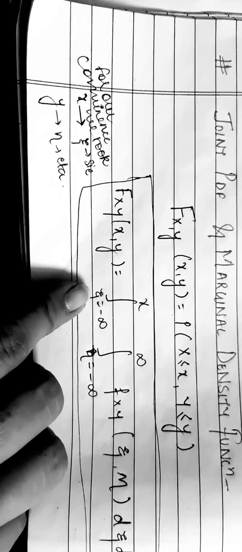So it is denoted by F(x, y) equal to a double integral. For our convenience, we took x as psi and y as eta. So psi goes from minus infinity to x and eta goes from minus infinity to infinity of f(psi, eta) d psi d eta.